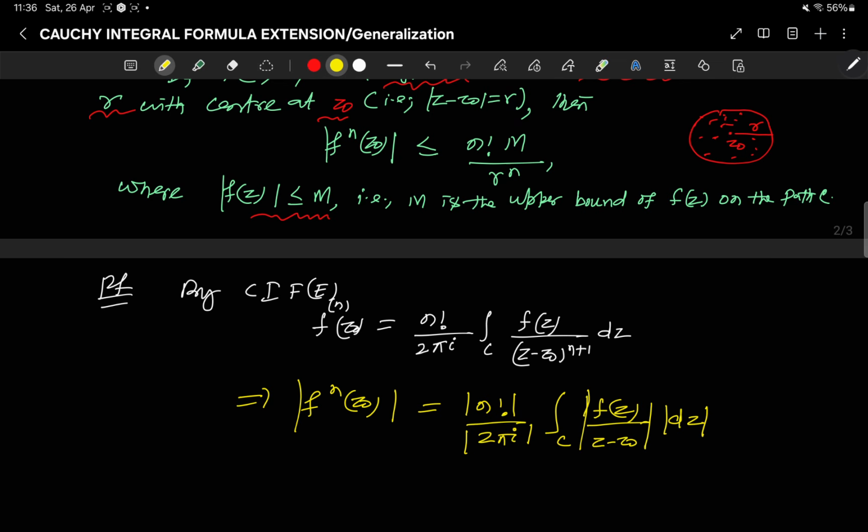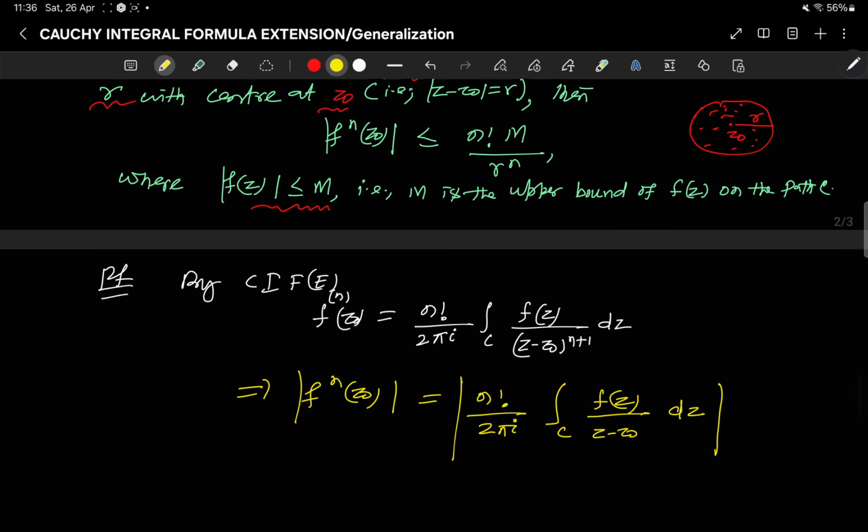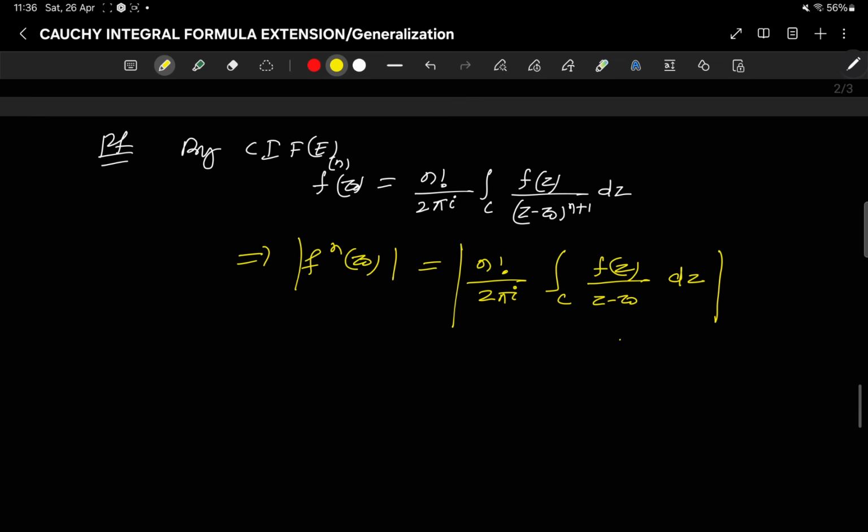One more step let us perform. We take the modulus of the entire thing. You know the modulus of an integral is less than the integral of the modulus. Why is it so? You know the modulus of z1 plus z2 is less than the modulus of z1 plus the modulus of z2, the triangle inequality.